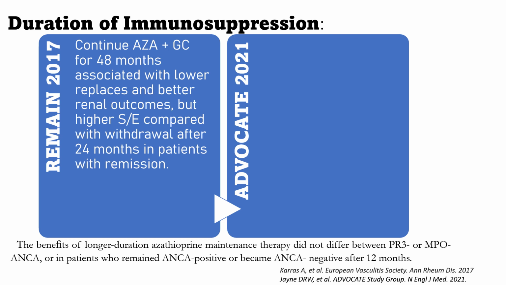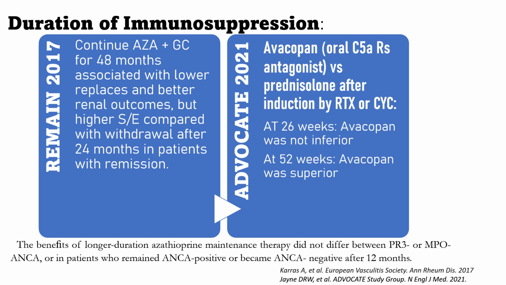And we have a new trial about avacopan, the ADVOCATE trial in 2021, and we are going to talk about it later. Avacopan is an oral C5a receptor antagonist. Remember the first picture that we saw, I think on the second or third slide, about the pathogenesis of ANCA-associated vasculitis.